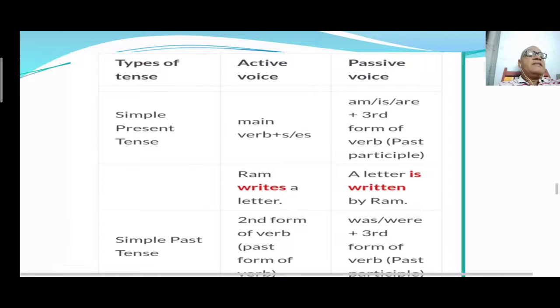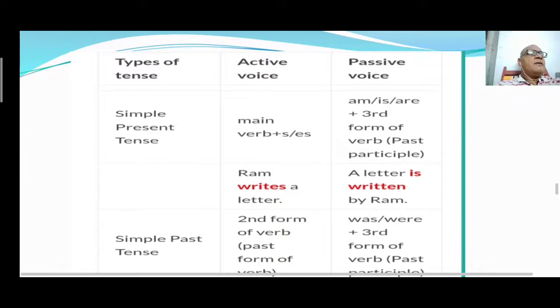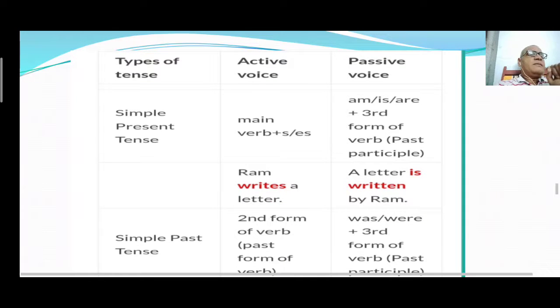See, letter is singular, so we are using is. Instead of a letter, if it is letters, for example, Ram writes letters, the passivization of it is: letters are written by Ram. So that is the change.